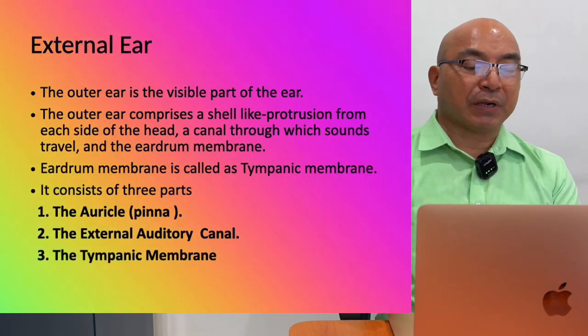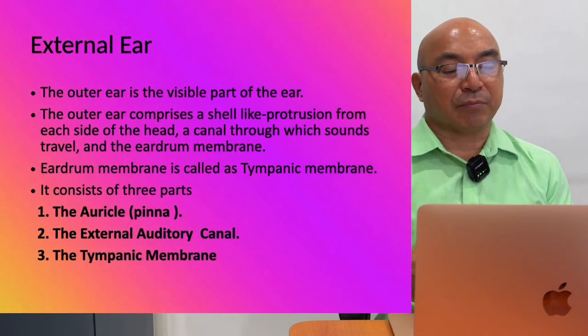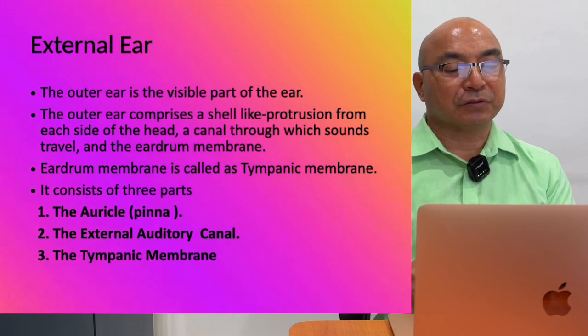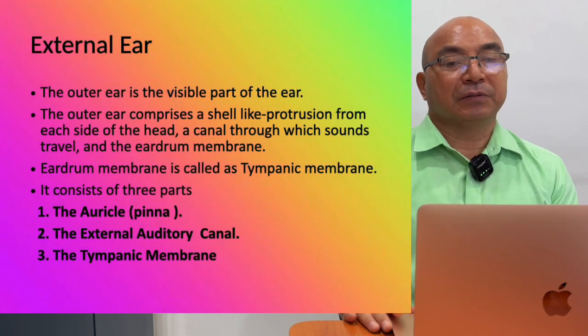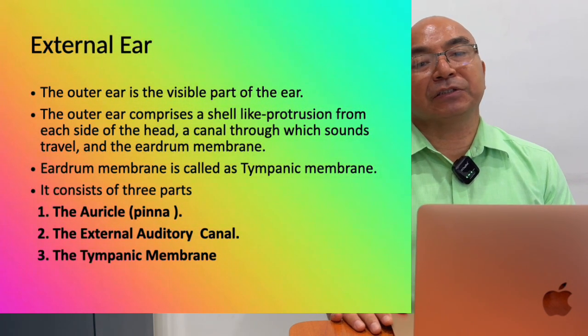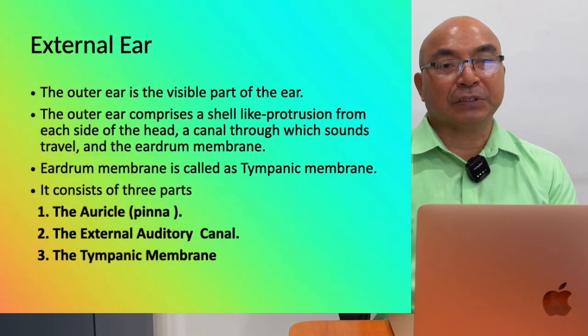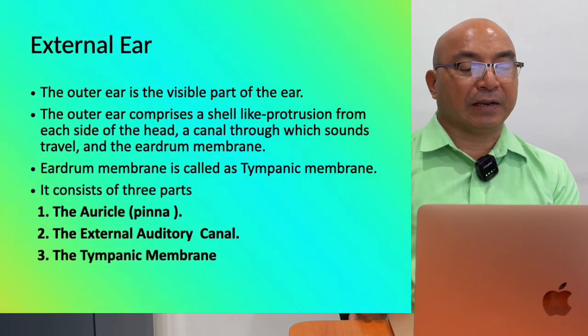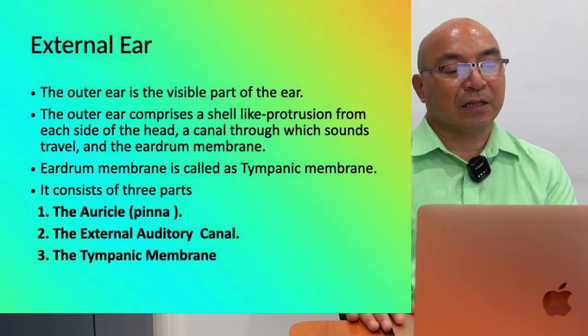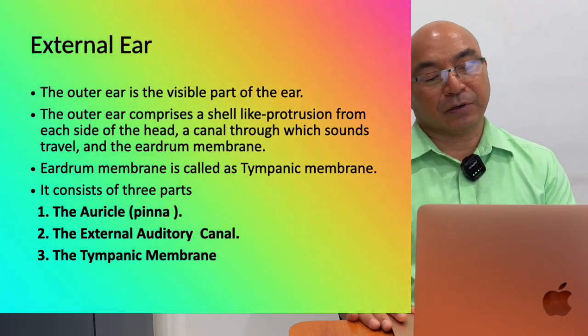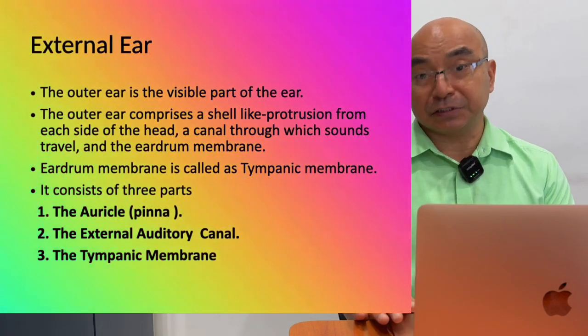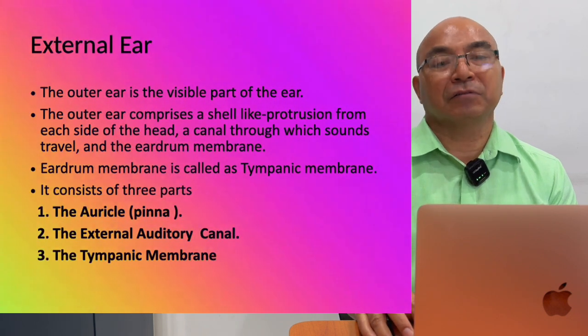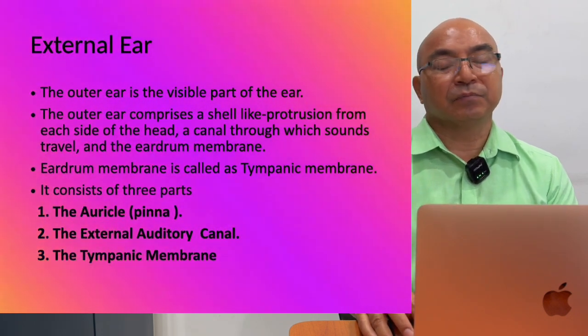The external ear consists of three parts: the pinna, that is the auricle, then the external auditory canal, and the tympanic membrane. These are the three parts that we'll be discussing in this lecture.